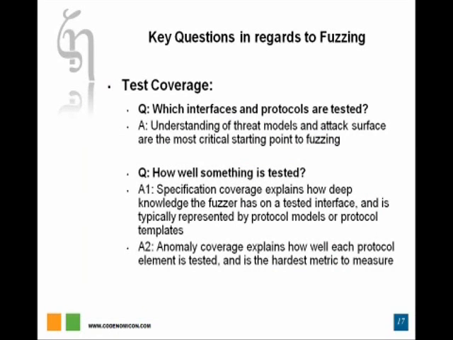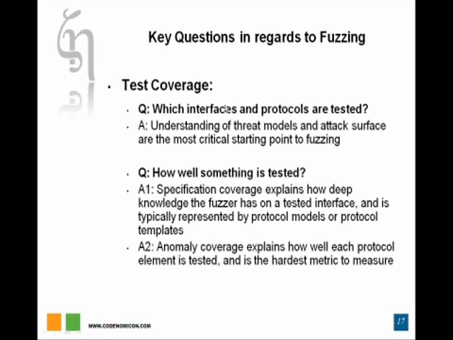So, if I recall correctly, this is the last slide of the introduction overview part. I will end this with what I see as the key questions every time you consider and look for fuzzing tools and techniques, the key questions for test coverage, and those are targeting the two areas I also explained.